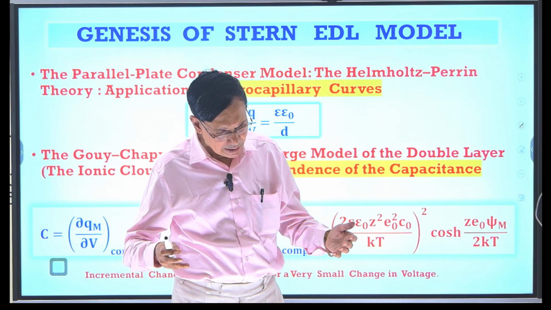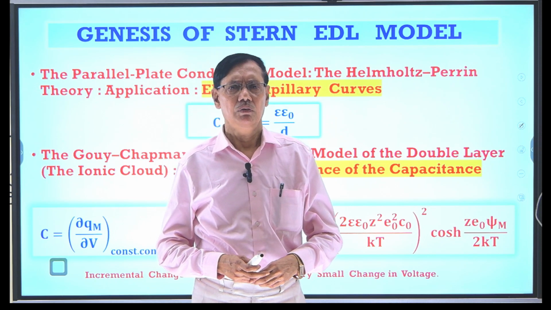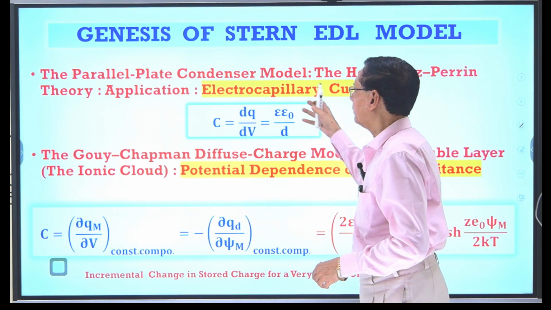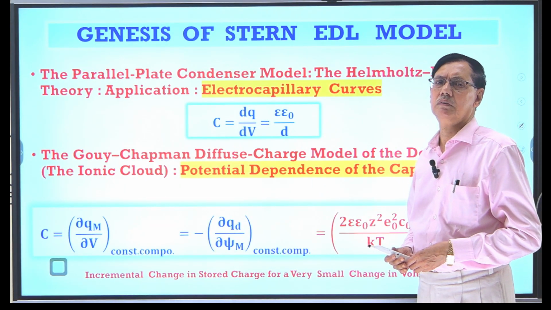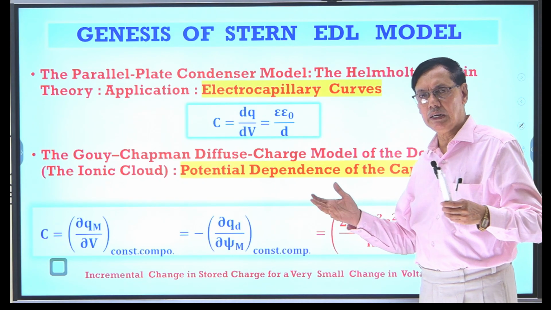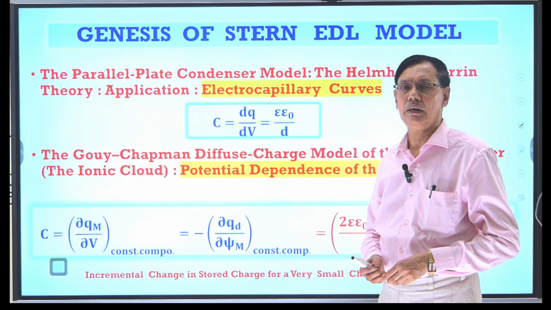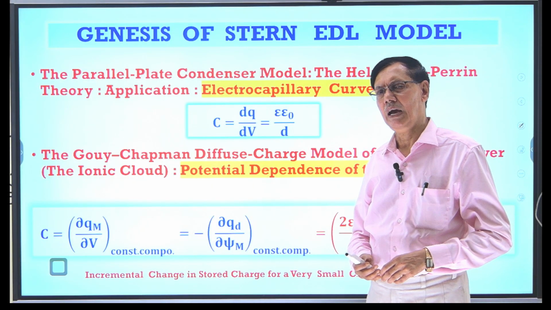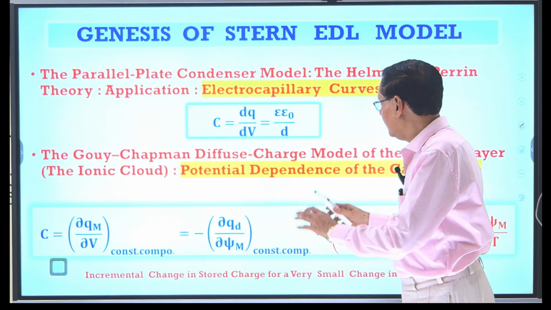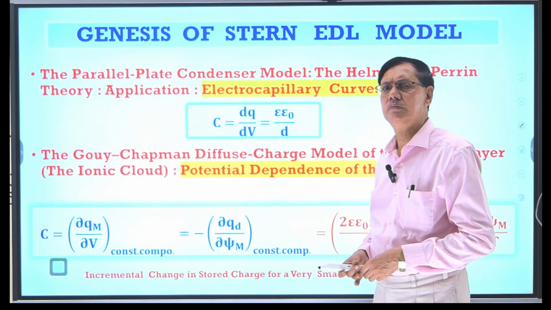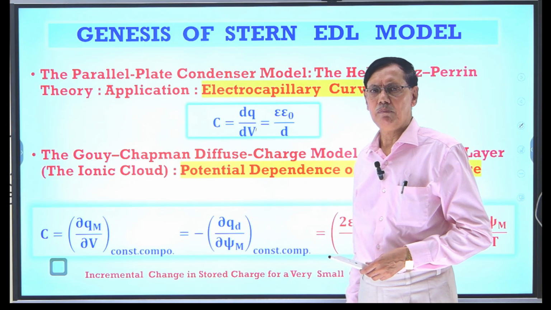As I have already discussed in electrified interfaces, when we study all these models, one of the most important parameters is the differential capacity, or differential capacitance, which is very simple: the change in charge with respect to the applied potential.